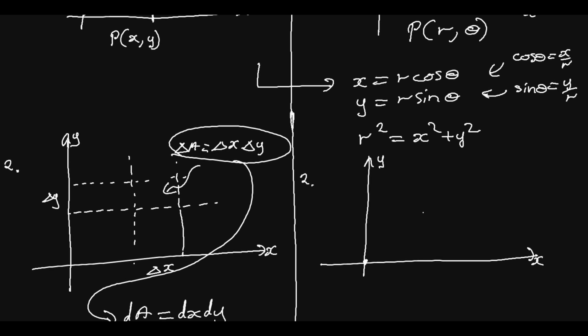Even if our region is just here, like a circle, we are always standing here and looking at what is happening far away there. So we are here, say we have this, then we have this. We want to determine this delta A, this area for the polar form, equal to what?